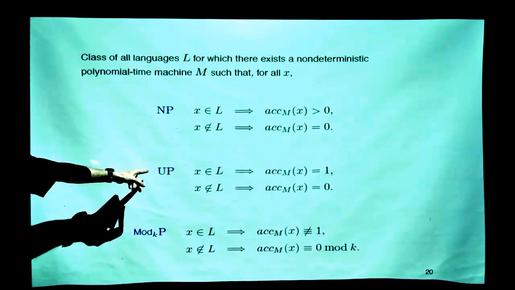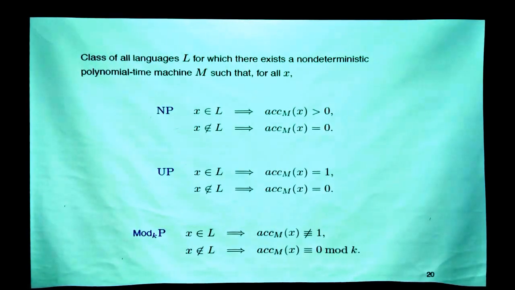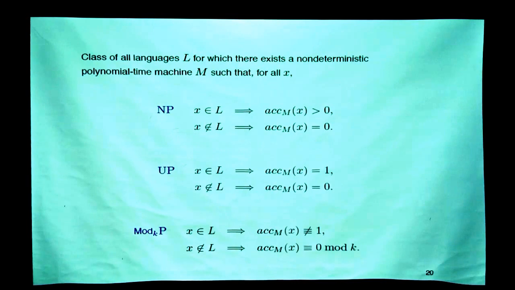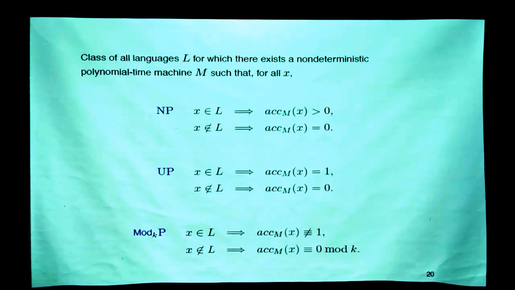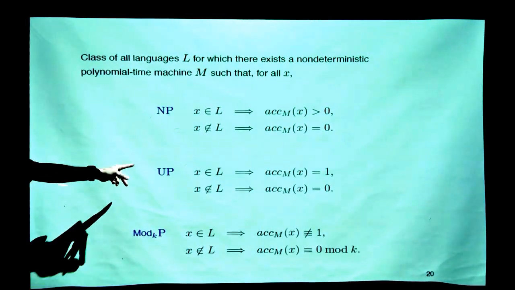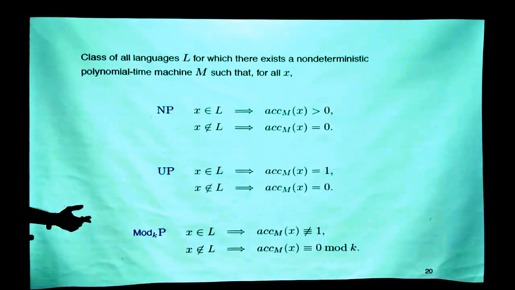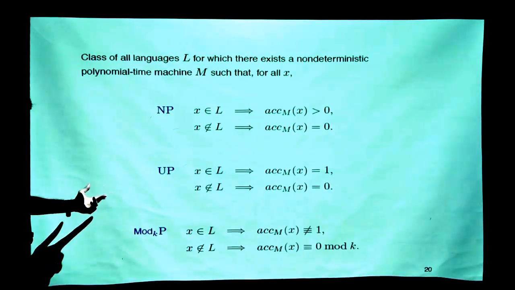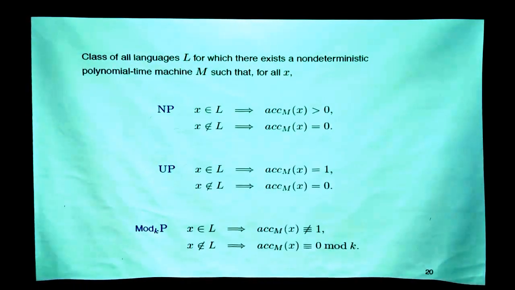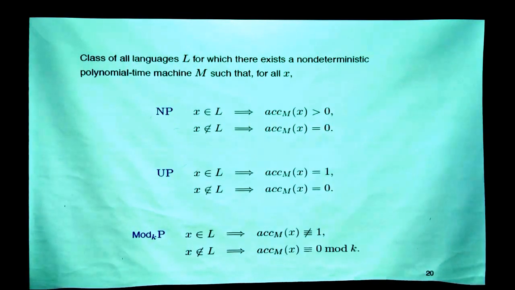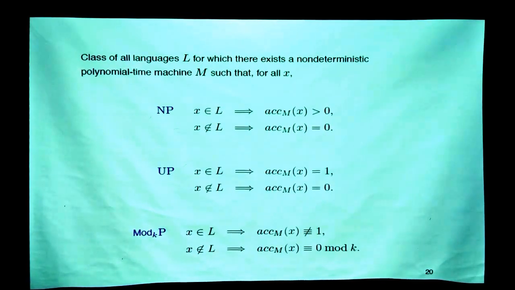The subclass UP, unique P, is like NP, but in case of acceptance, we have exactly one path, like an unambiguous machine. And then ModkP, for any k, is where you ask what is the number of accepting paths.